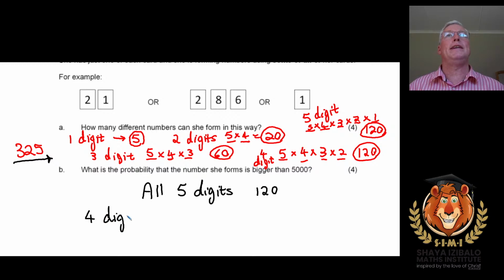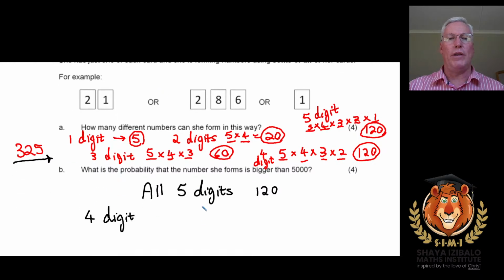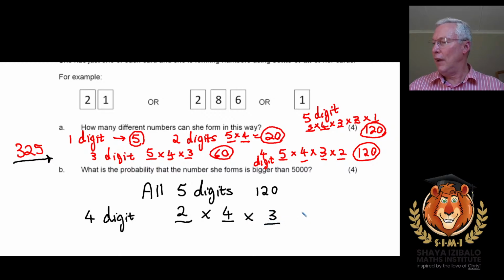In order to exceed 5,000, it must start with 6 or 8, so we've only got 2 choices for our start digit. Then 4 choices for the next digit, then 3, and then 2.